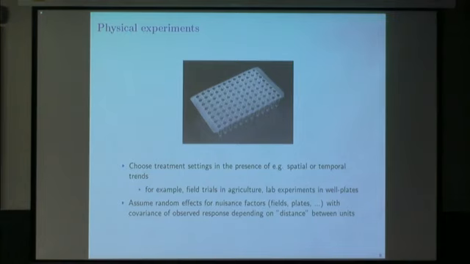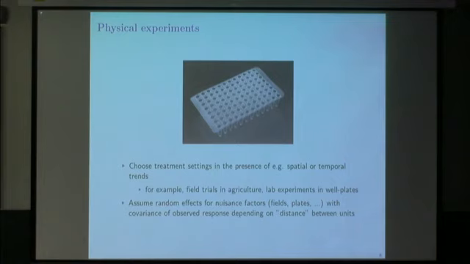These kinds of experiments are typically in field trials in agriculture or in lab experiments in well plates. So the aim is to choose different treatments in each one of these wells, but we need to take into account that the wells are correlated between them and how the correlation changes according to the distance between the wells.